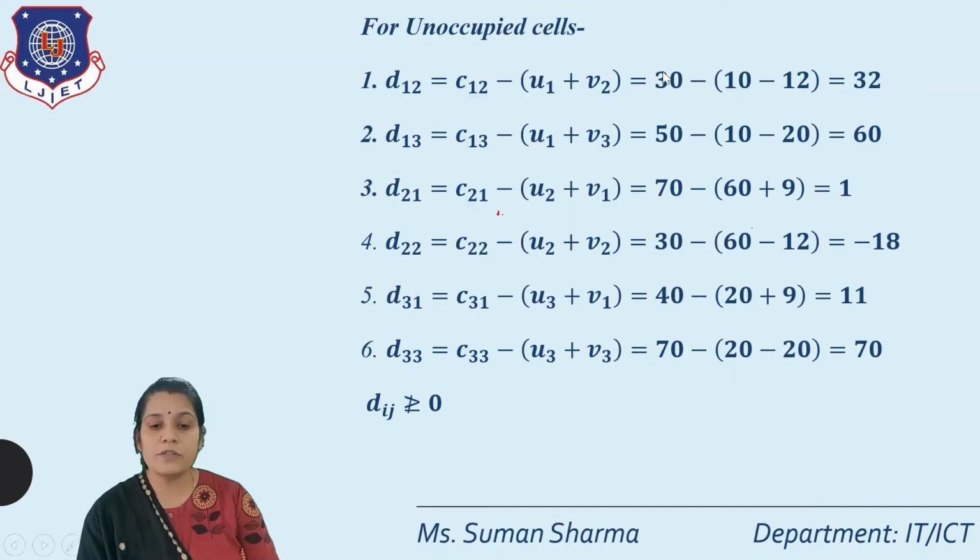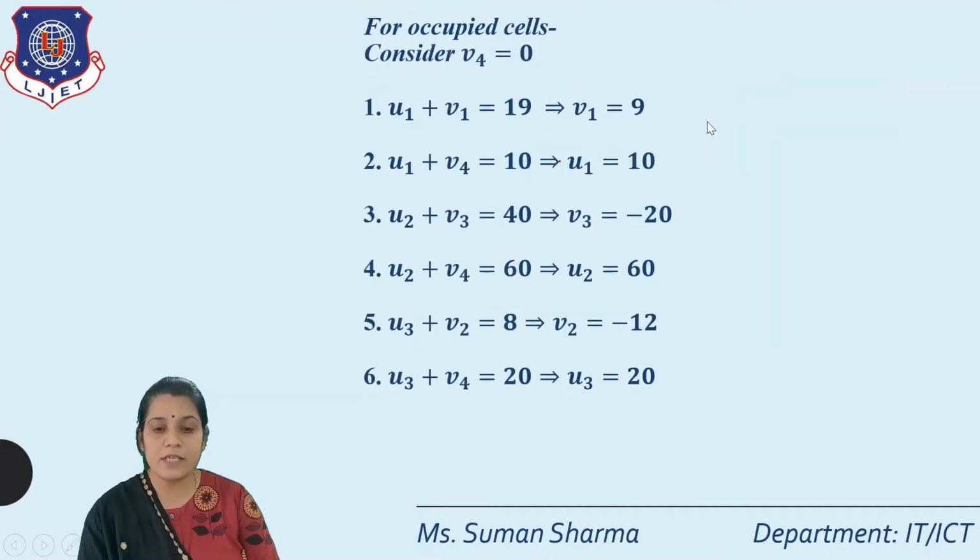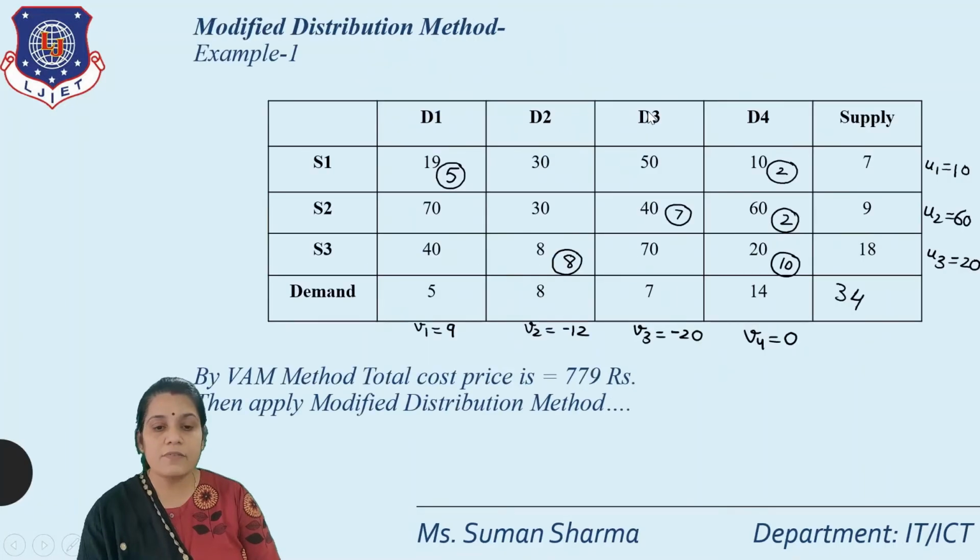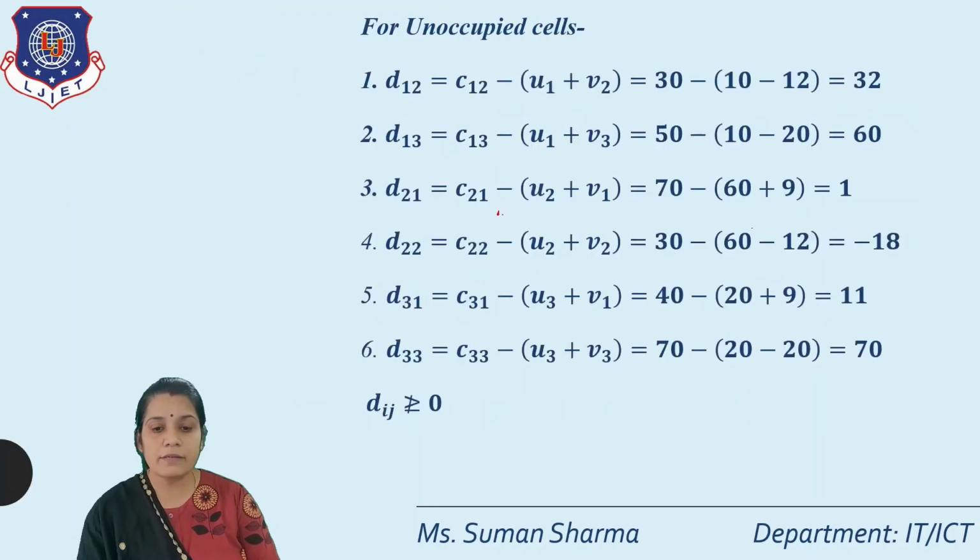So with the help of all these process, we put here the values of the unoccupied cells. So C12, the value is 30. So see here C12. This is first row and second column. So 30, first row, third column, so 50. So according to this, you take here the 30 minus. Already given U1 the value is 10 and V2 value is minus 12. So solve this, we get the 32.